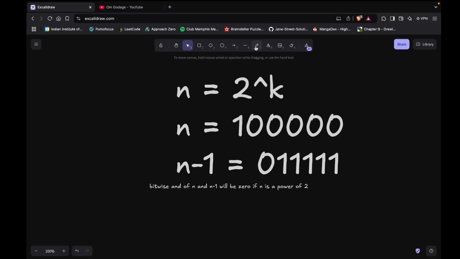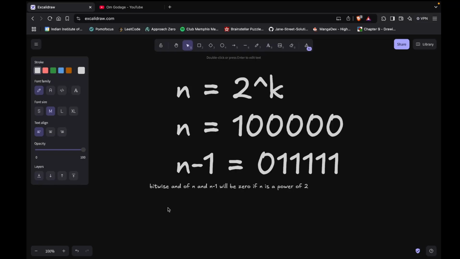Okay, and let's say if n isn't a power of 2, so n has more than 1 bit as 1. So in that case, let's just take two bits, right?